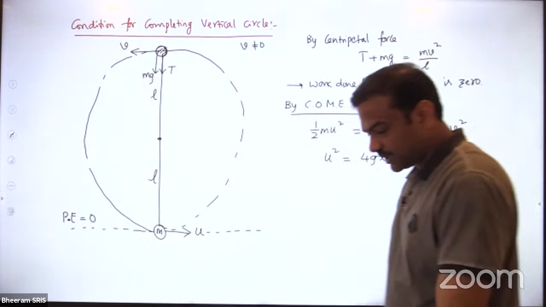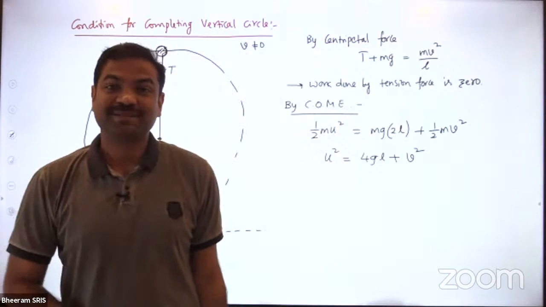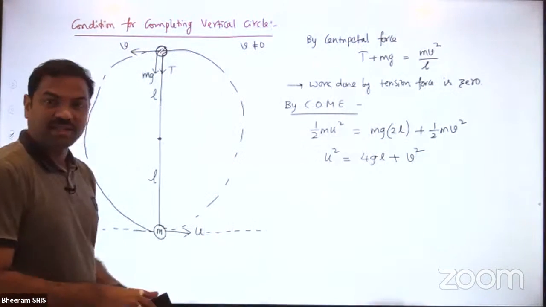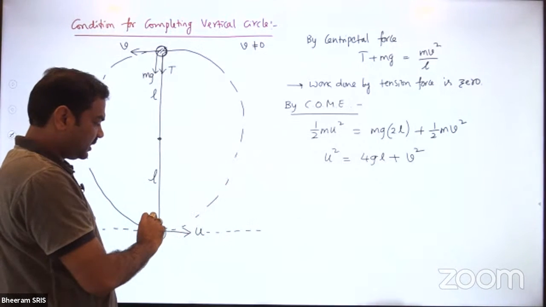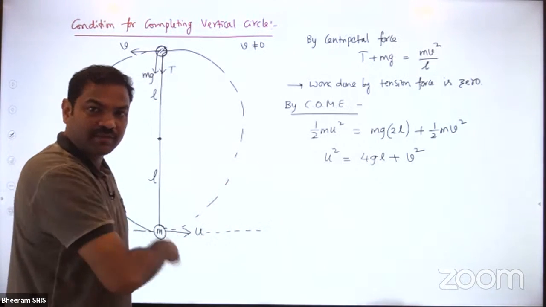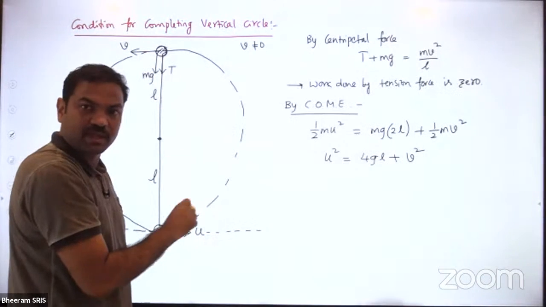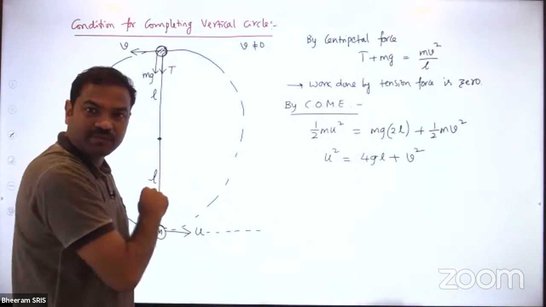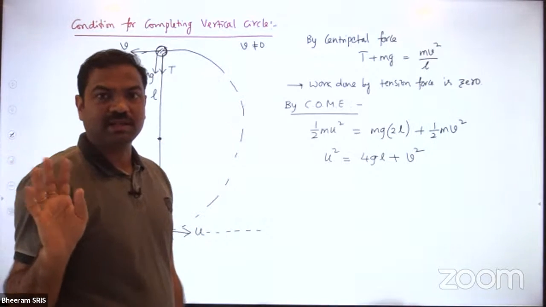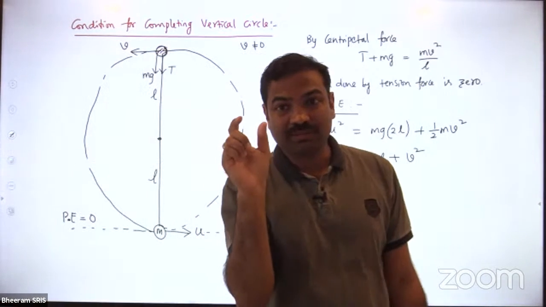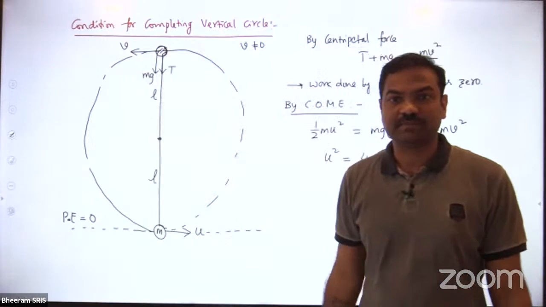Now the question is, what is the minimum velocity we can project with? See, if you project with higher velocities, suppose 20 meters per second, it will complete the vertical circle. If you project with 25, it will complete. If you project with 30, it will complete. If you increase the velocity, it will complete the vertical circle. But I want to see with what minimum speed it will complete the vertical circle.